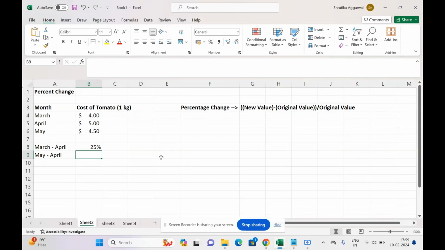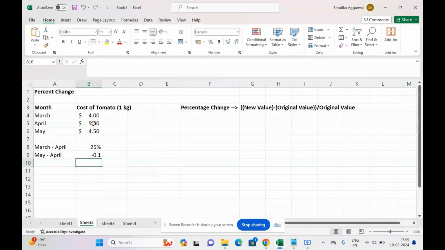Now the change from April to May, as we can see, the price decreased. So it was 5 and now it became 4.5. So we can expect a negative percentage. So let's see. Again, I say equal to bracket open, the new value, which is 4.5, minus the original value, which is 5, bracket close, divided by the original value, which was again 5.